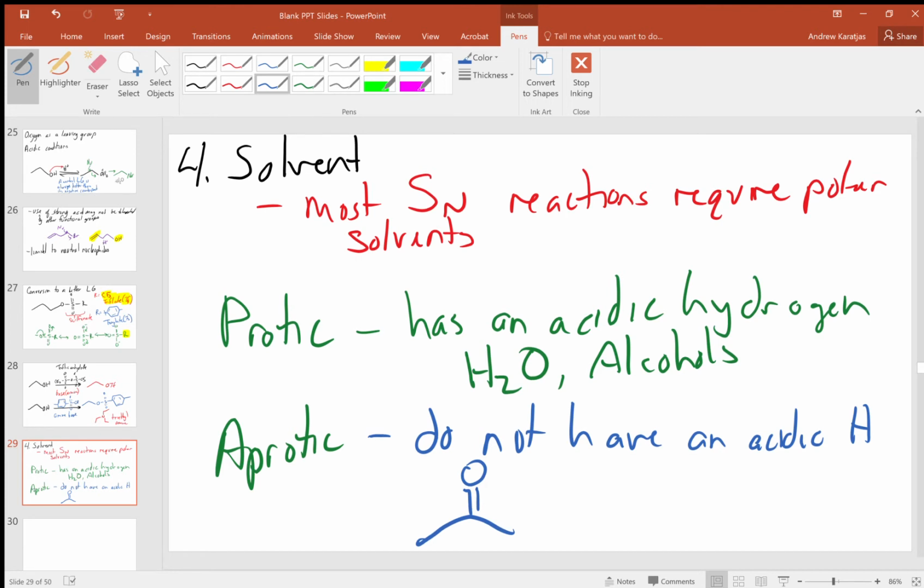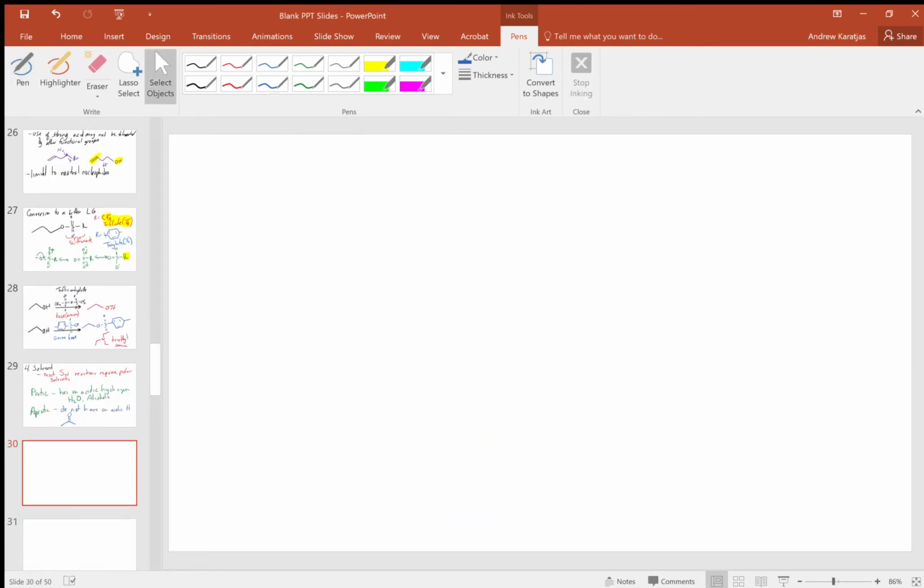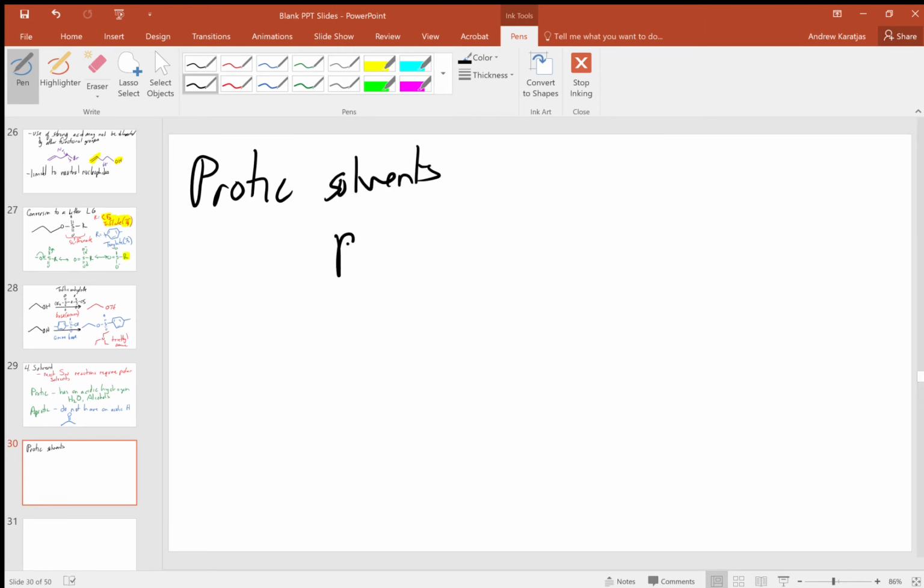Alright, so why the difference? And why do we distinguish between these? Well, protic solvents can do the following. So if we have a protic solvent and we have some sort of nucleophile, the hydrogens on that protic solvent coordinate to the nucleophiles.